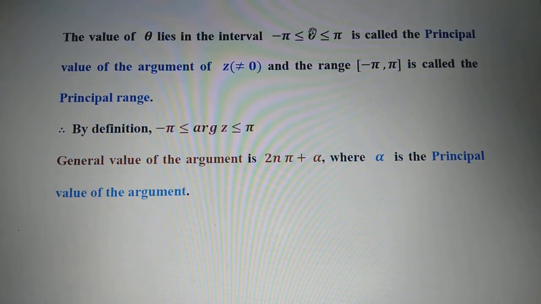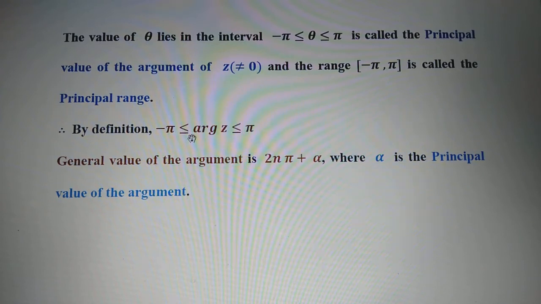Now this theta is the argument. The value of this theta lying between minus pi to pi is called the principal argument. And this range minus pi to pi is called the principal range. Therefore, argument of z lies between minus pi to pi.